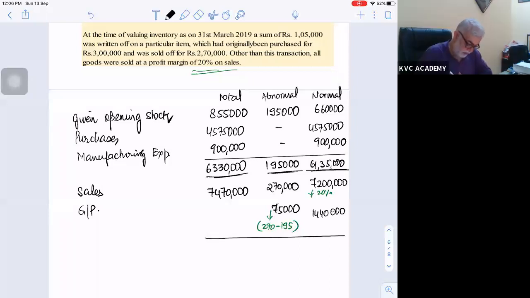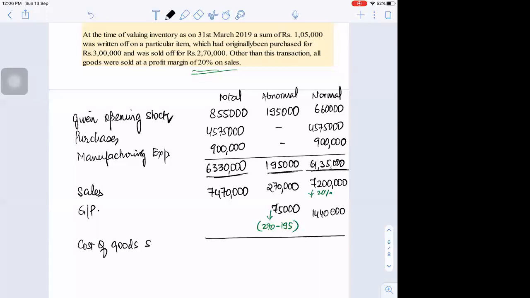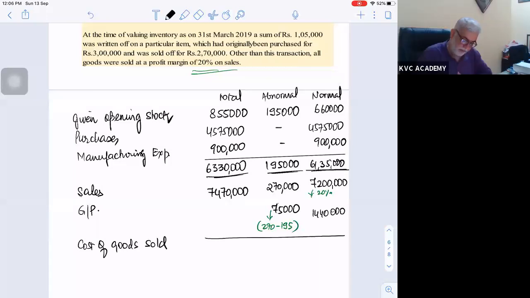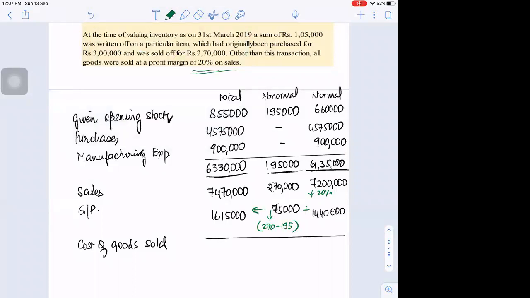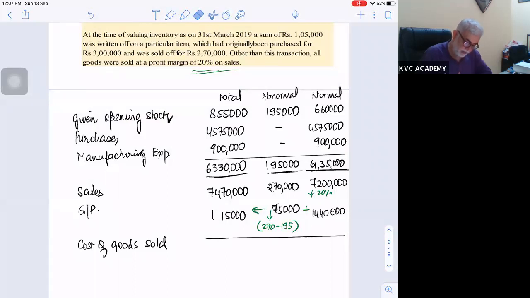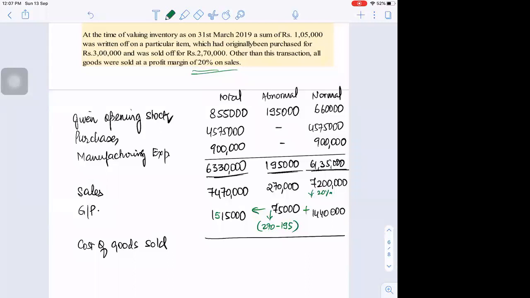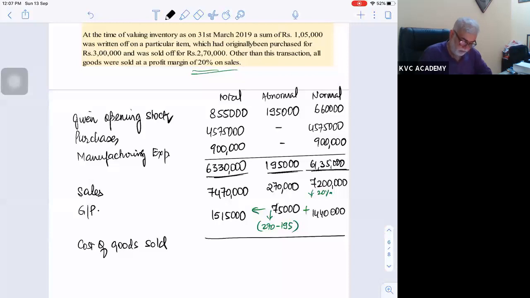So cost of goods sold. You add these two up, 1440 plus 75 will give you 15,15,000.